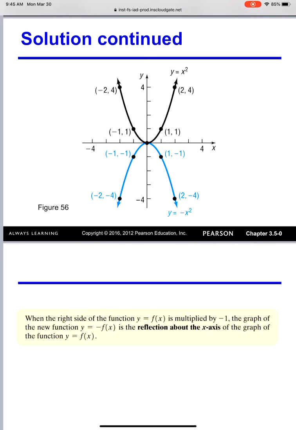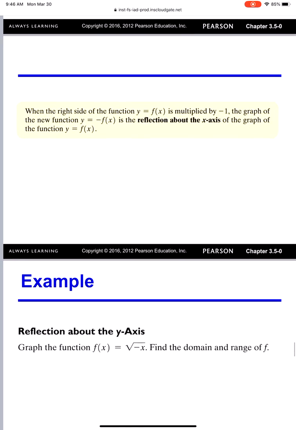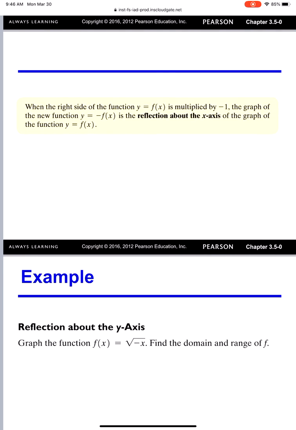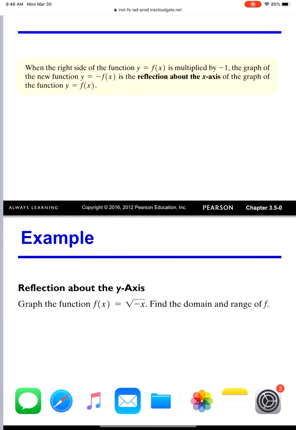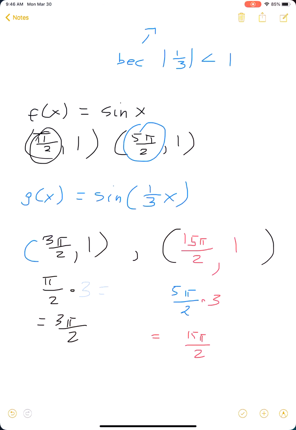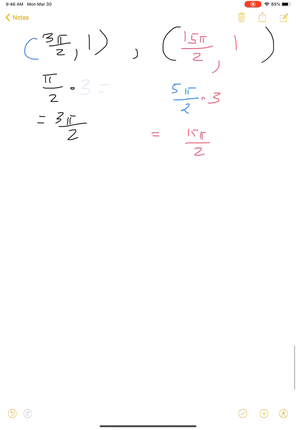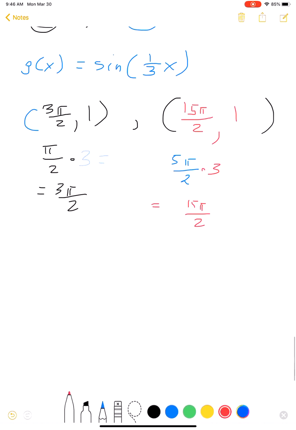Okay, so it's negative 1 times the original function. And next one, it gives you the reflection about the y-axis. Okay, let's go back to this one. So let me just write this down for you.